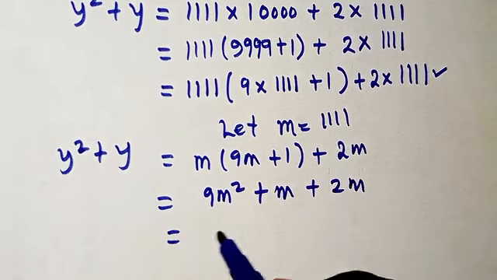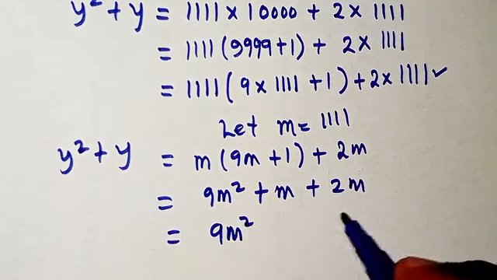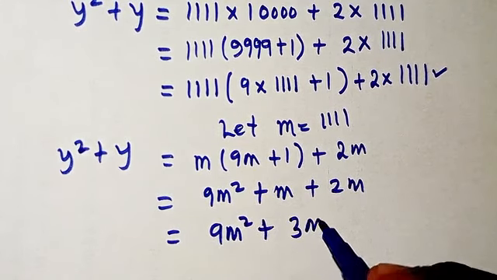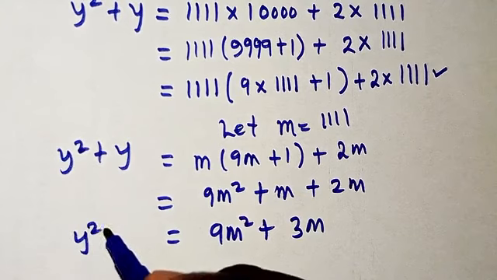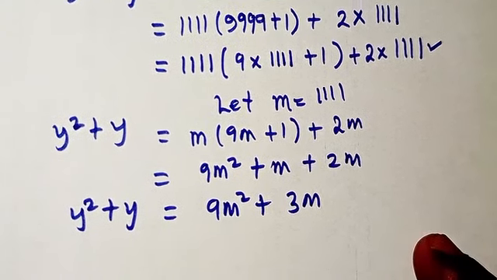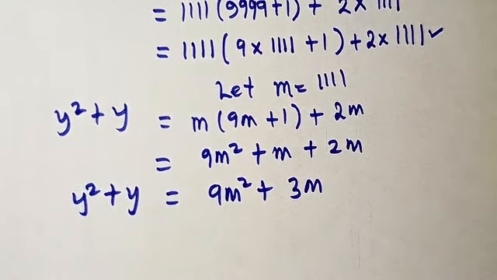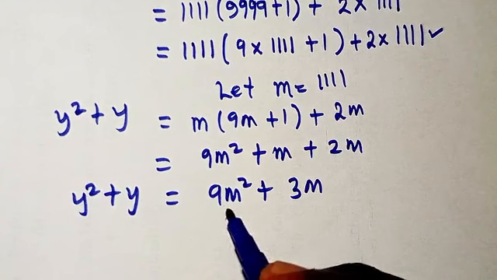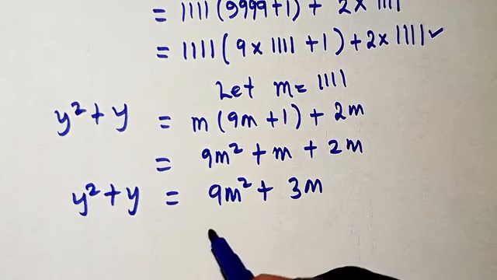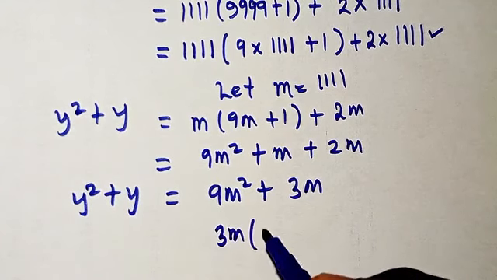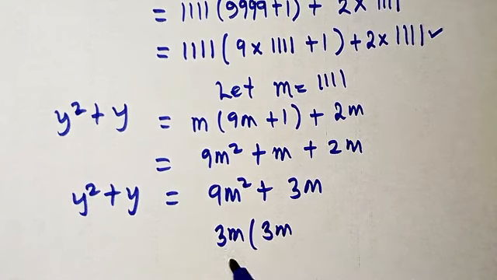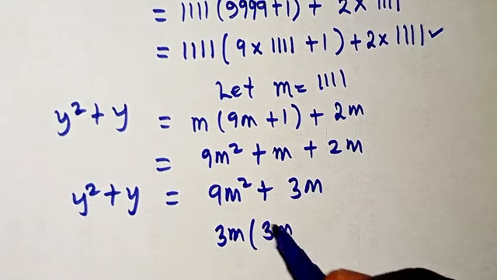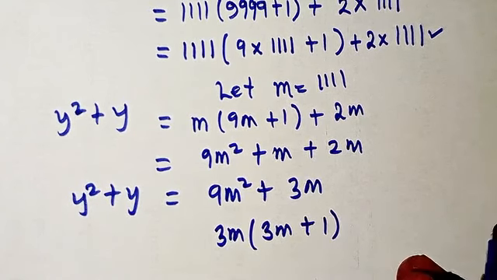So now we're going to have 9m squared plus 3m, then we have y squared plus y. Moving on, we are going to factorize. Now I'm going to factorize 3m outside here: 3m times, that is 3 times 3, 9, m, plus 1.